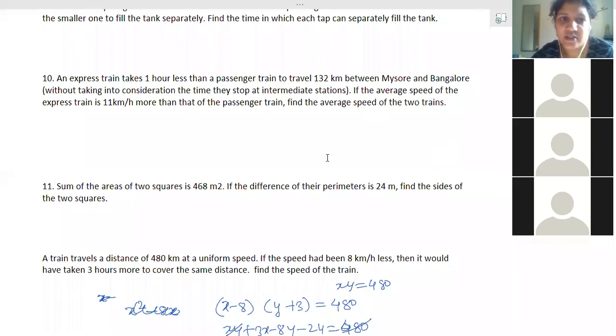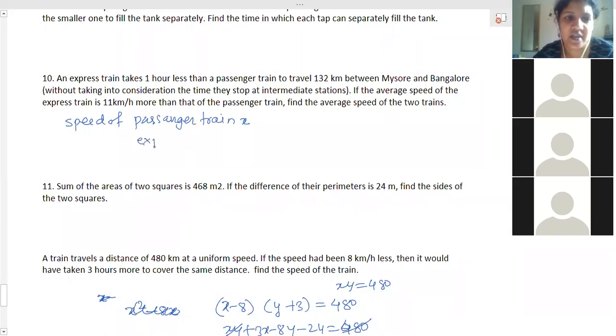So here you have to consider the speed of the passenger train as x. And what is the speed of the express train then? x plus 11. So the express train's speed is 11 kilometer per hour more than the passenger train.